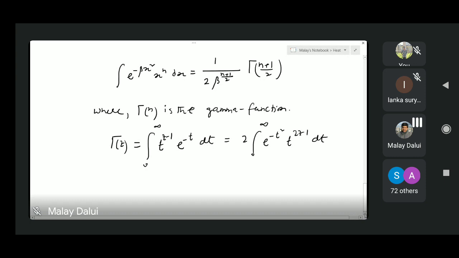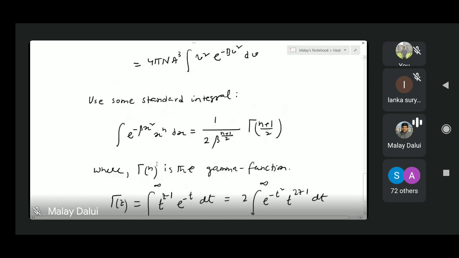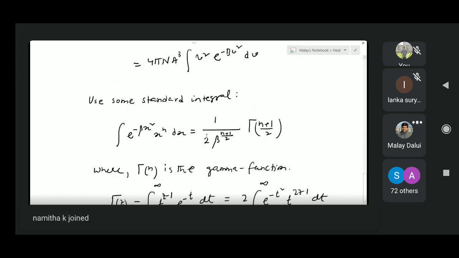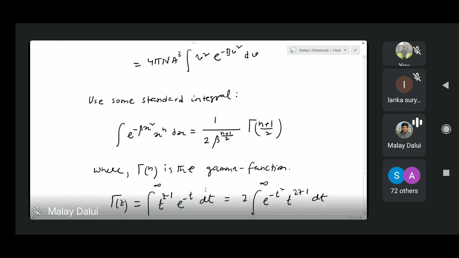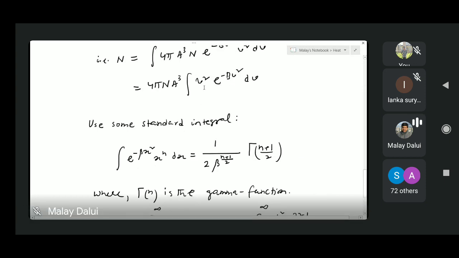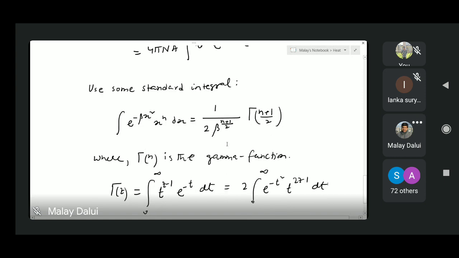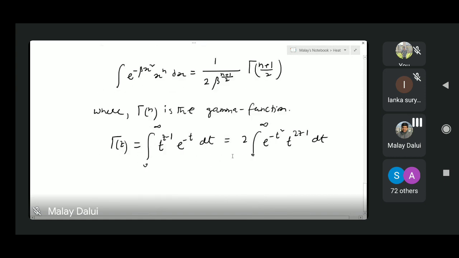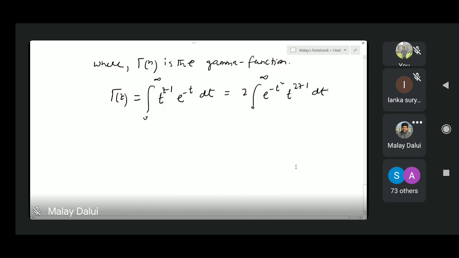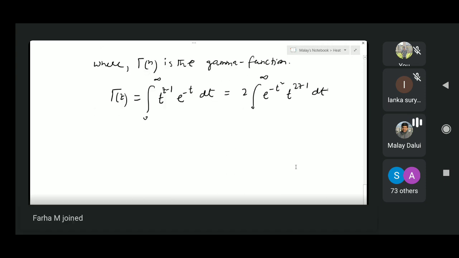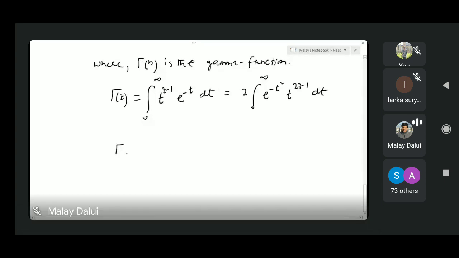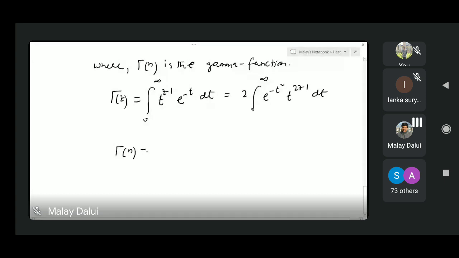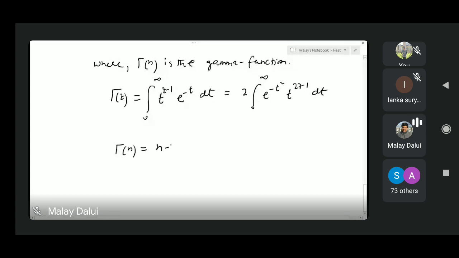Basically, what you need to know is you have to convert this integral, v square e to the power minus b v square dv, into one of these forms, and then you use the property of the gamma function to do the integration.